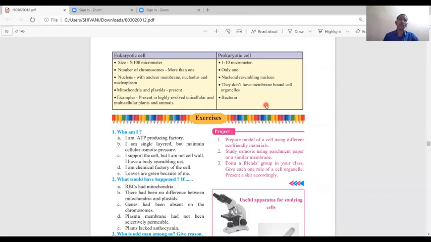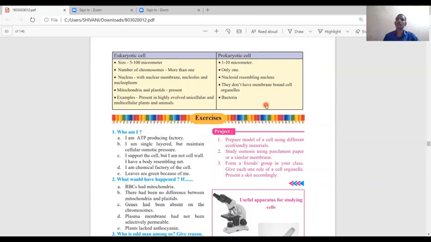The size of a eukaryotic cell is between 5 and 100 micrometers. The size of prokaryotic cells is between 1 and 10 micrometers. More than one chromosome is in a eukaryotic cell.